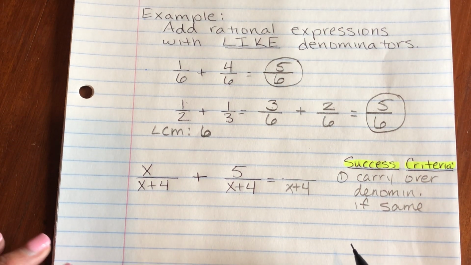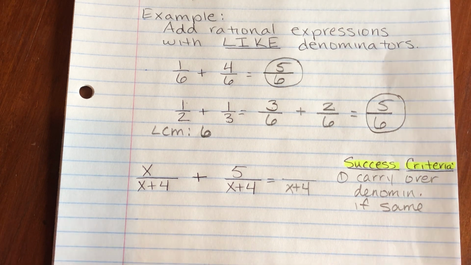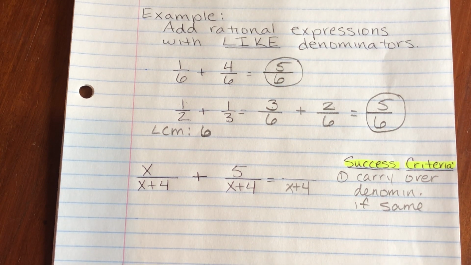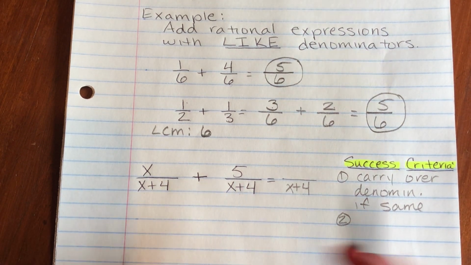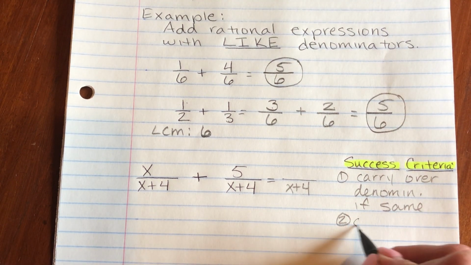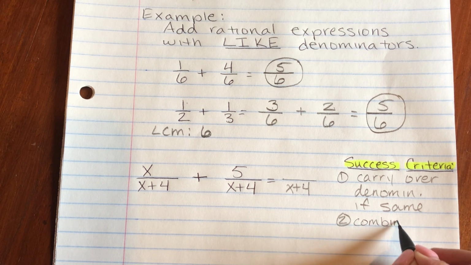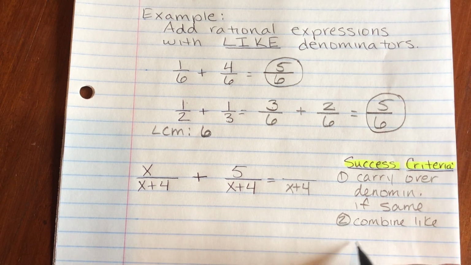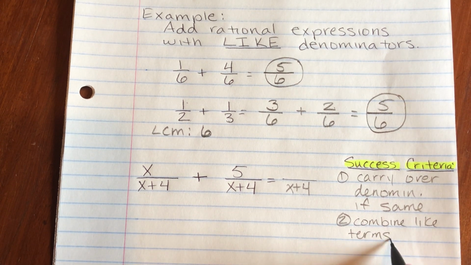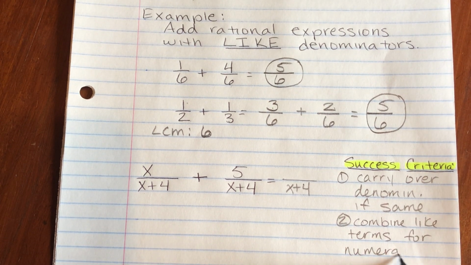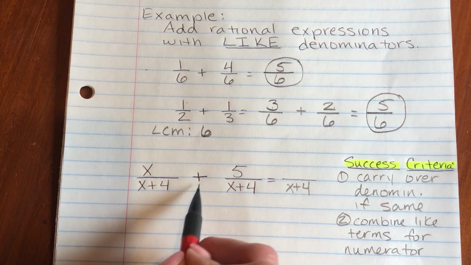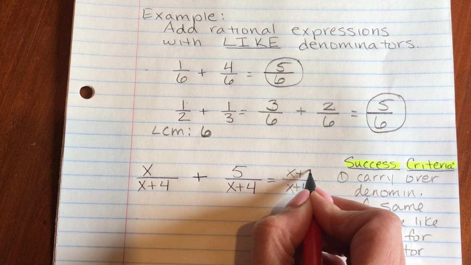And now I just need to combine my like terms for the numerator. So I'm going to add the numerators by combining like terms. Okay, so x plus 5 is simply x plus 5.